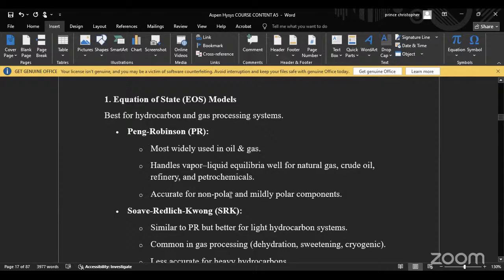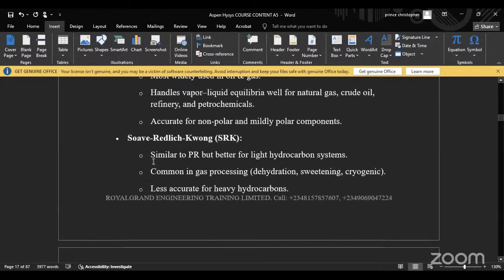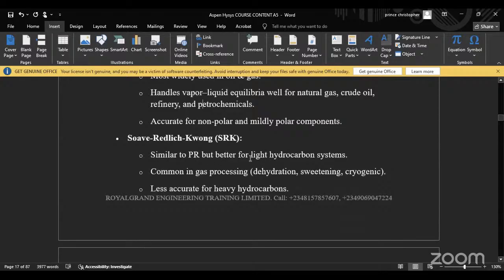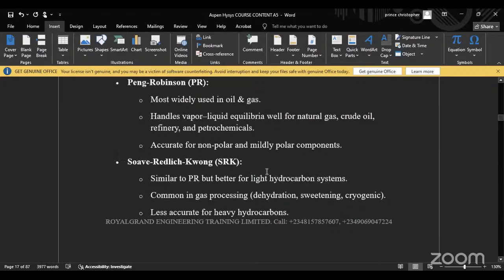It's accurate for non-polar and mildly polar components. So we have Soave-Redlich-Kwong, SRK, which is similar to PR, Peng Robinson, but better for light hydrocarbon systems.